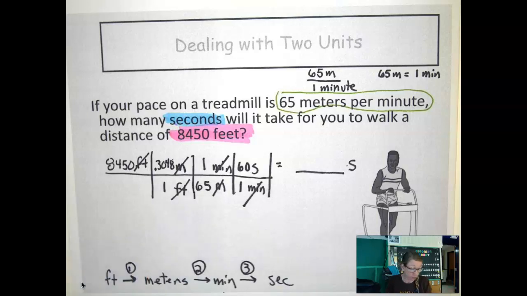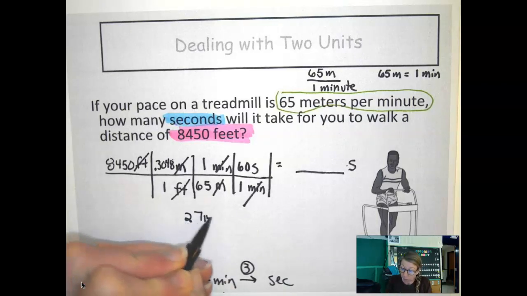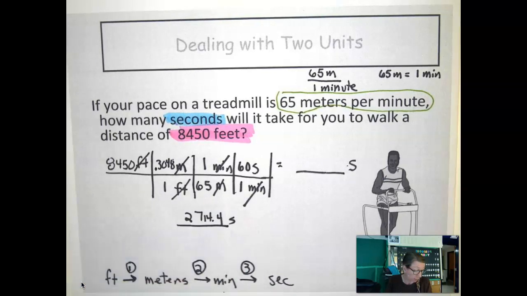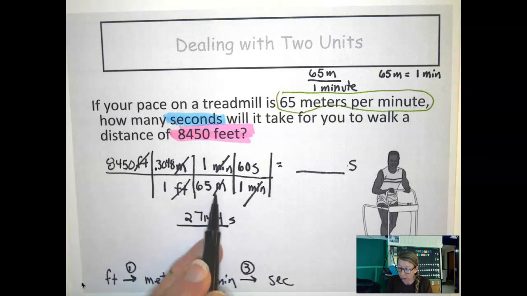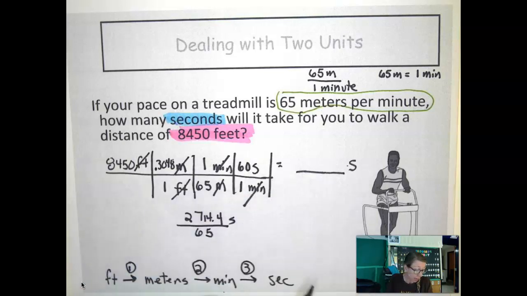You multiply across the top, and I got 2714.4, and the only thing left was seconds. Across the bottom, what goes on the bottom? Only 1 times 1 times 65, 65.